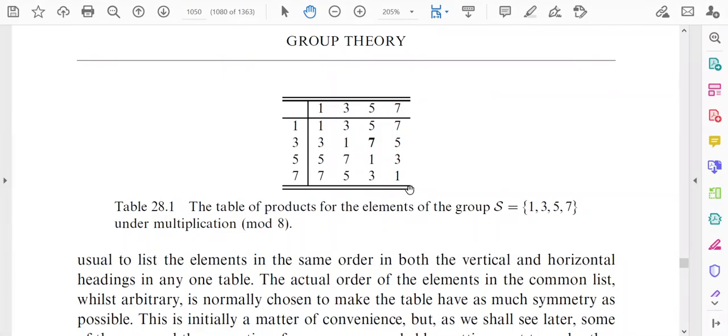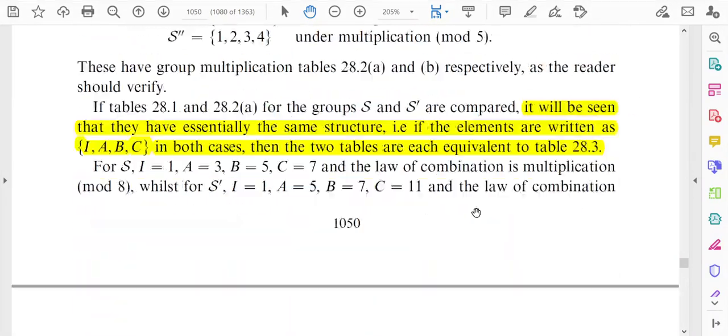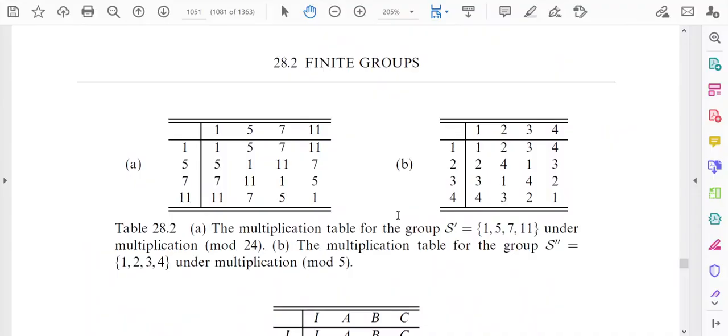So this group multiplication table is not similar to the one given in table 28.1 for the group S. And in the same way we can also say that this group multiplication table is also not similar to the group multiplication table 28.2a.